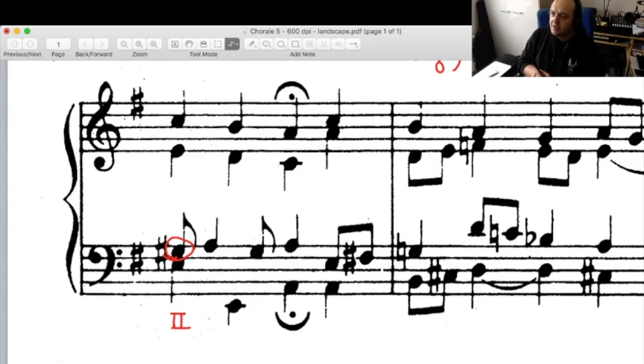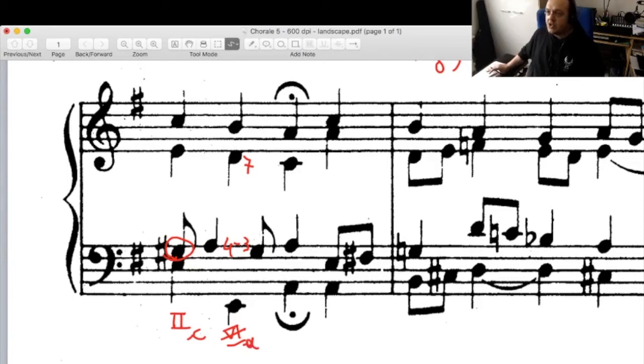In second inversion, going to 6 chromatic with a 4/3 suspension, and the 7th is here, passing in root position.